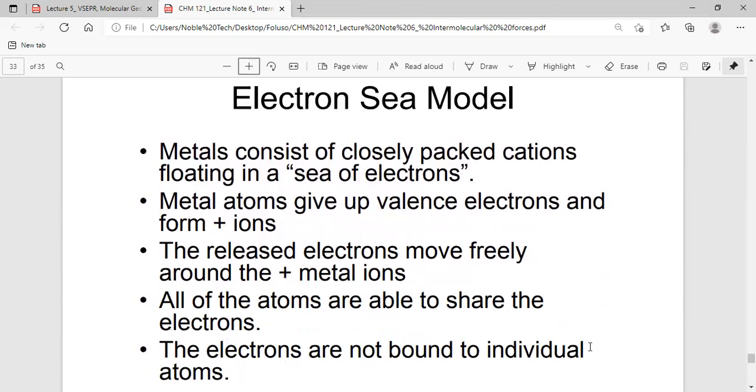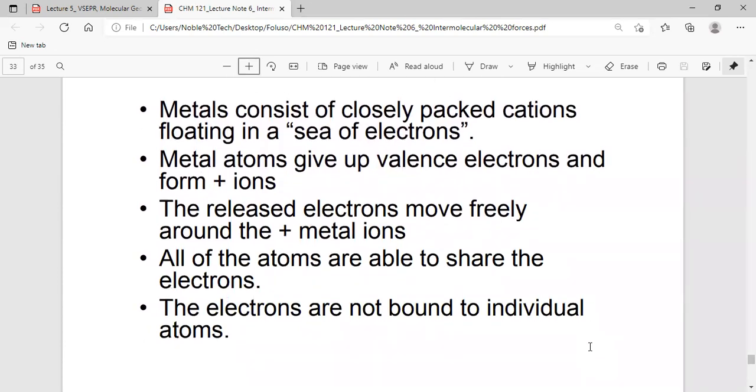That electron sea is responsible for the close-packed cations of the metals, with electrons moving all around. So the electron sea, or electron band, depends on the number of valence electrons.